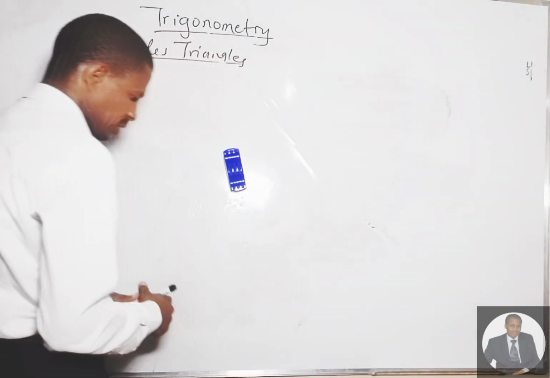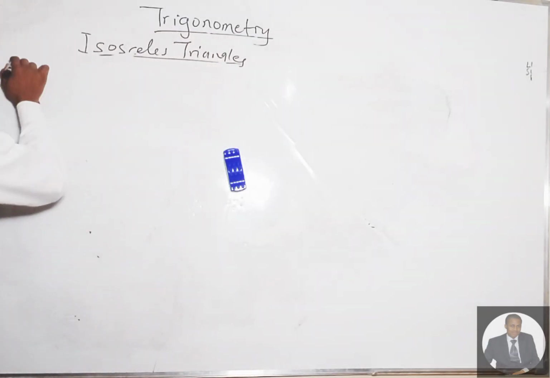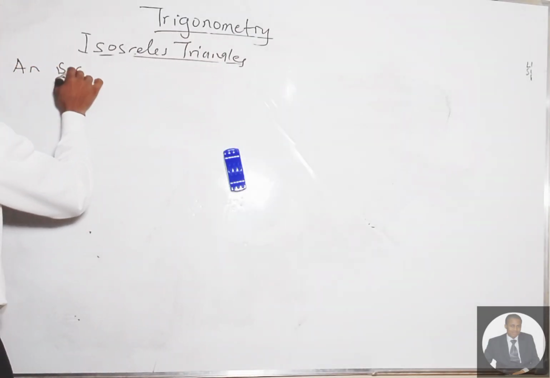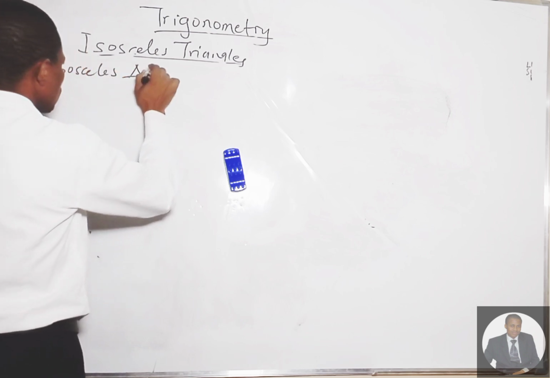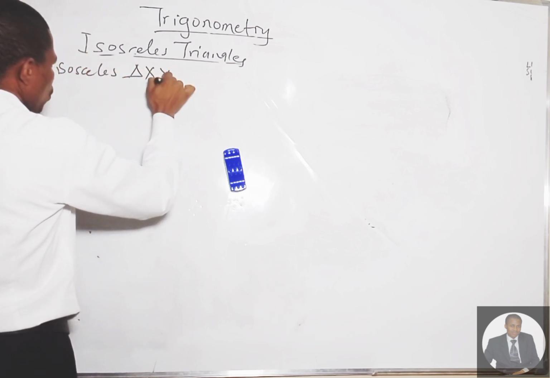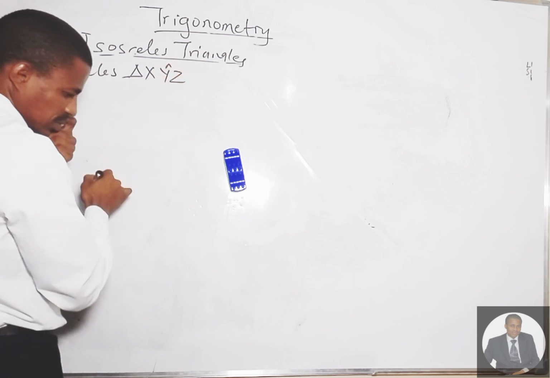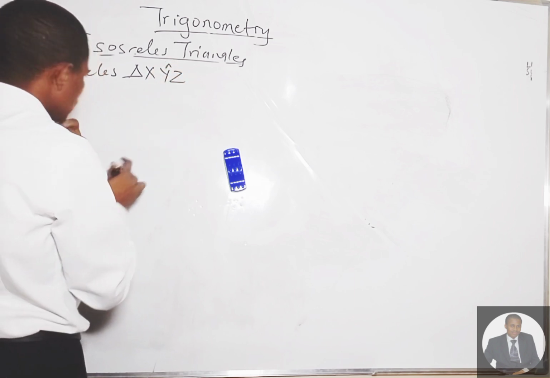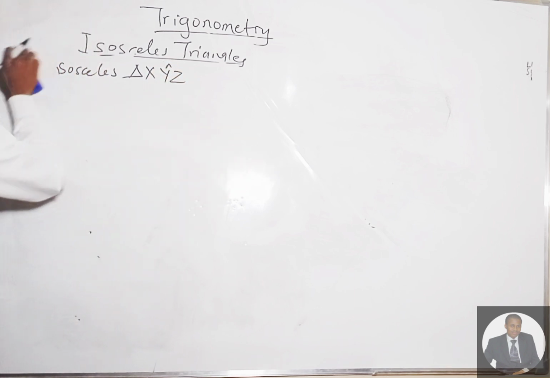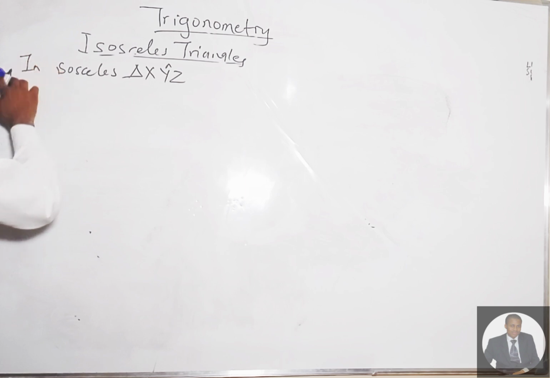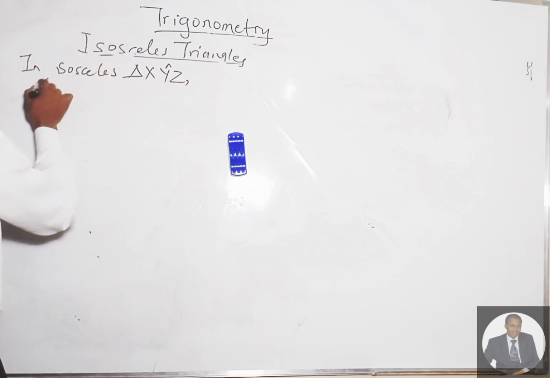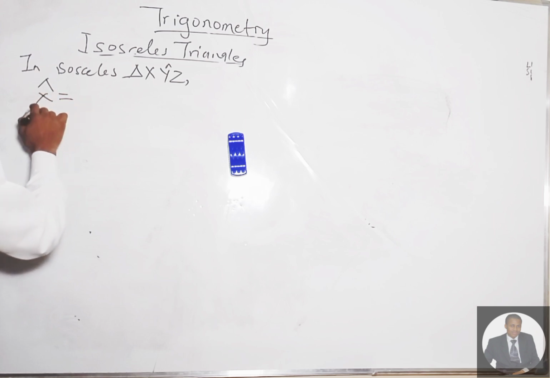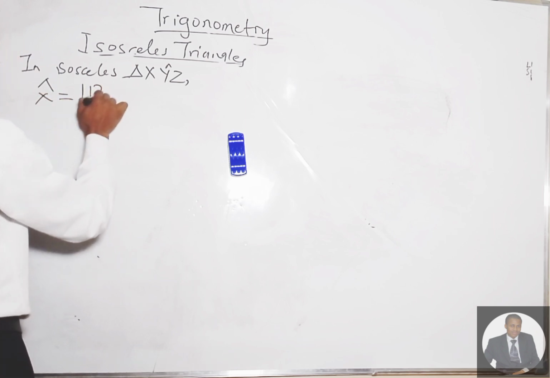So the last question. An isosceles triangle X, Y, Z. In isosceles triangle X, Y, Z, angle X equals 117 degrees.